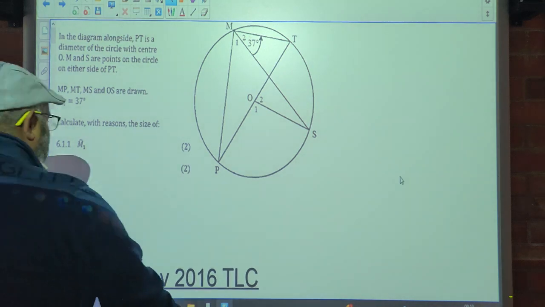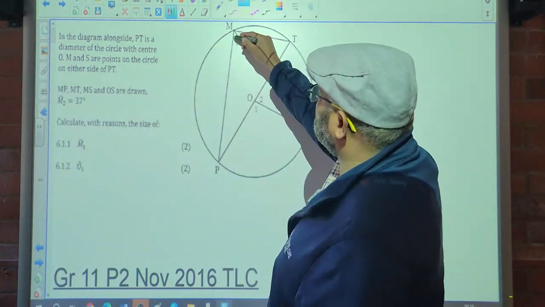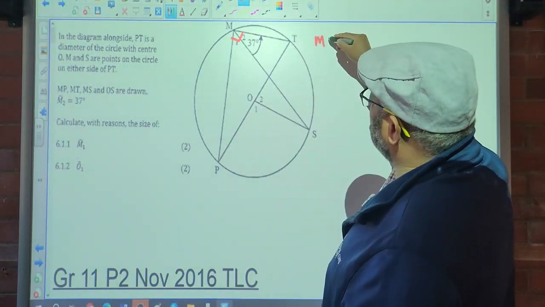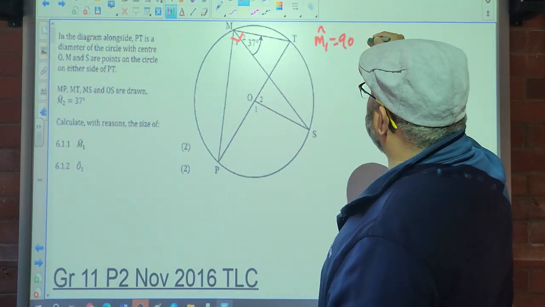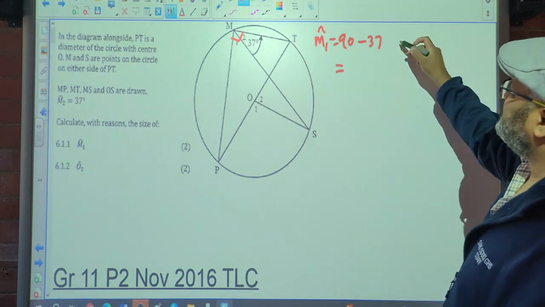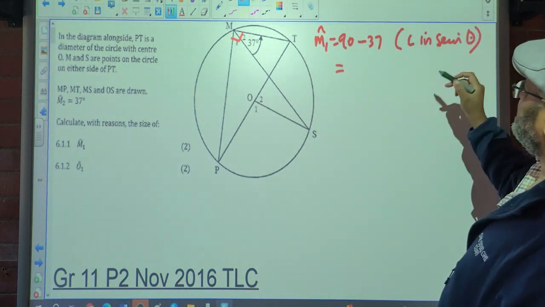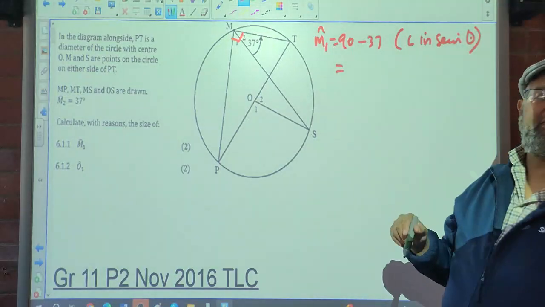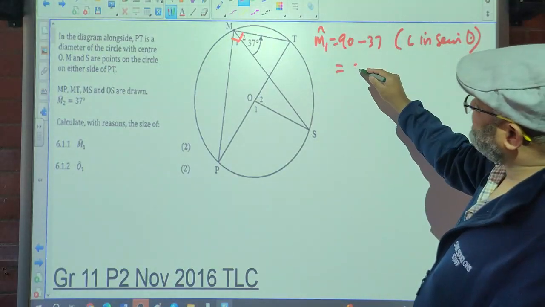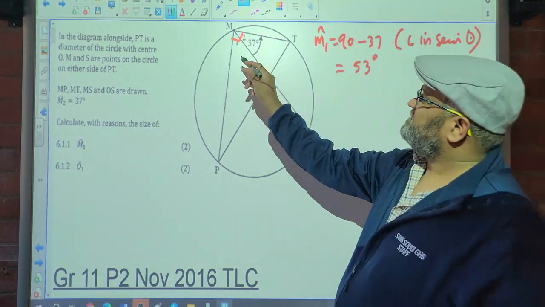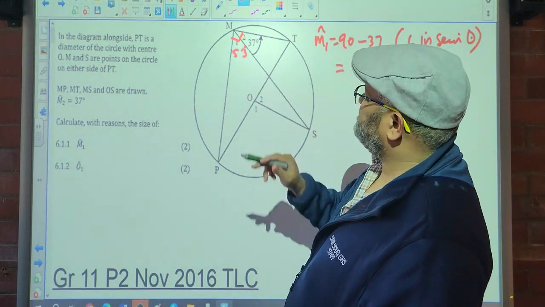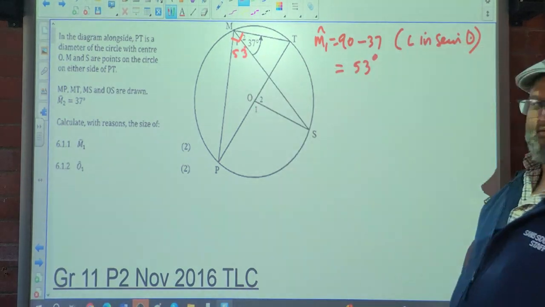Okay, so we already indicated that that's going to be 90 degrees, not so? So angle M1 is going to be 90 minus 37. Why? Angle in semicircle. And 90 minus 37 is 53 degrees. So put 53 degrees there. Then this is O1.